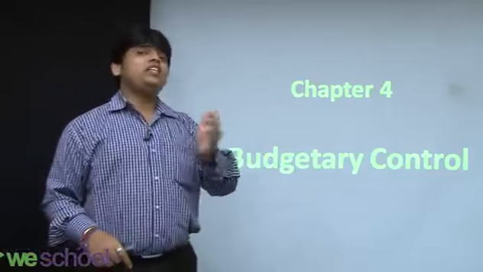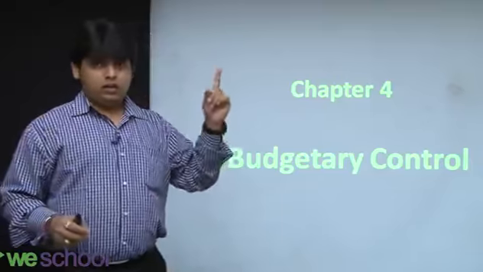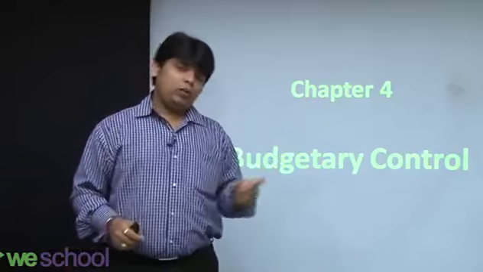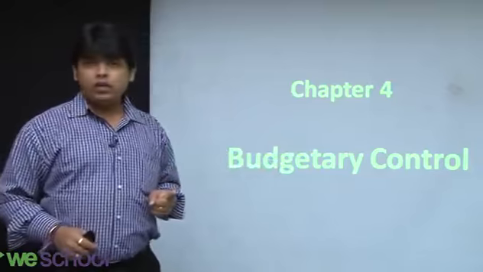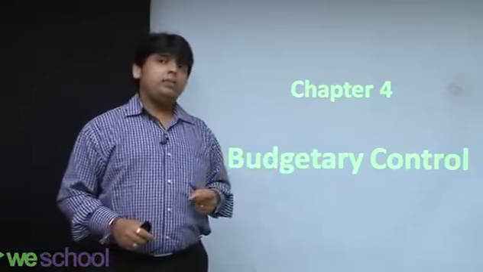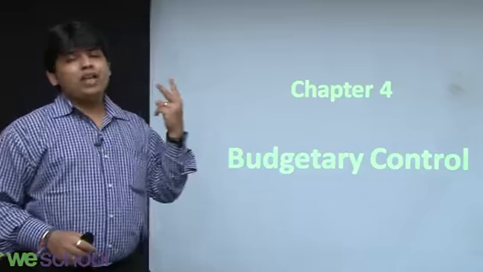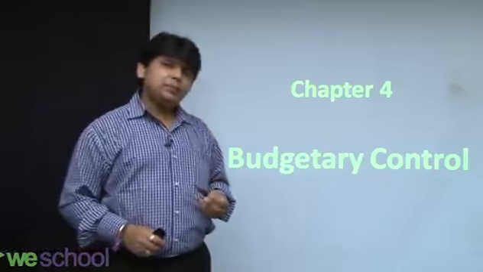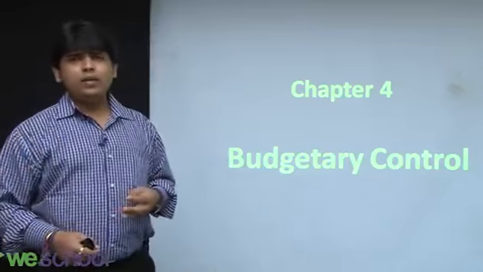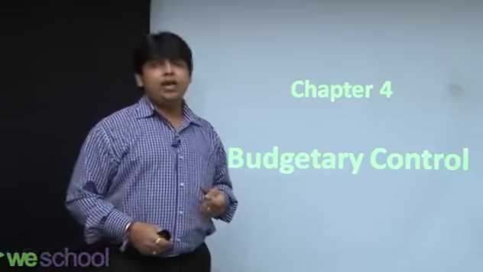So there will be 5 heads: for the purchase department, the purchase manager; for production, the production manager; for HR, the HR manager; for sales, the sales manager; and for accounts, the accounts manager.